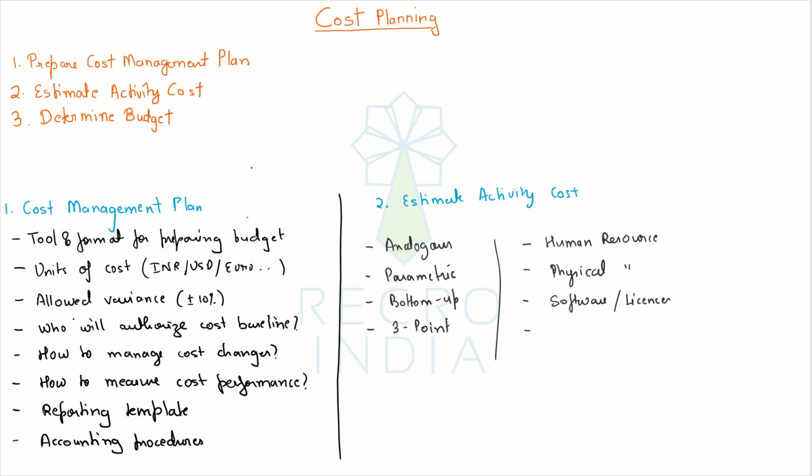There could be some other types of cost also that we may have to consider, say for example office rent or land cost, or there could be some one-time cost associated with some of the activities. Say for example there is travel associated with an activity, or there is some kind of onboarding cost that we may have to pay as a one-time fee.